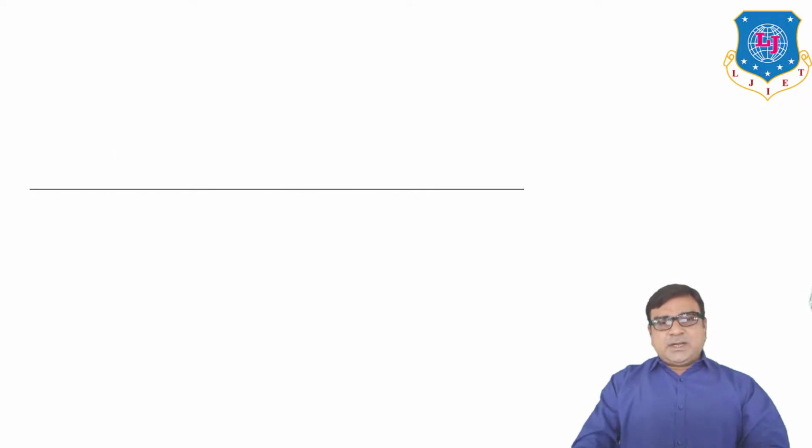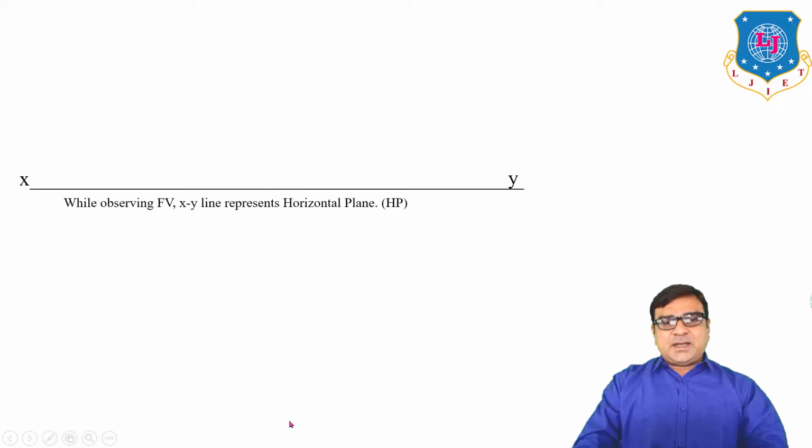Now, before starting our drawing of projection of solid, we have to know the basics of the position of the solid with reference to HP and VP. So when we observe the object orthographically and look at the front view, the horizontal plane looks like a line. So for the front view, XY is the horizontal plane, or XY line.